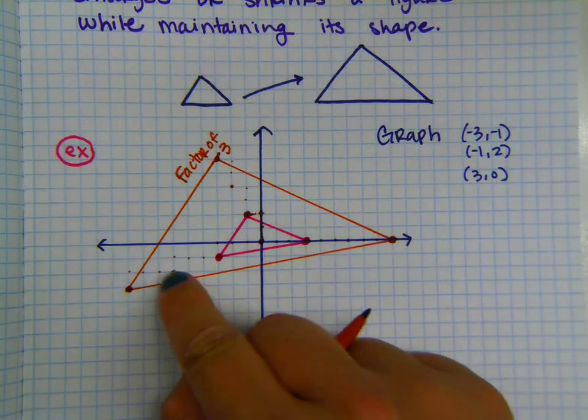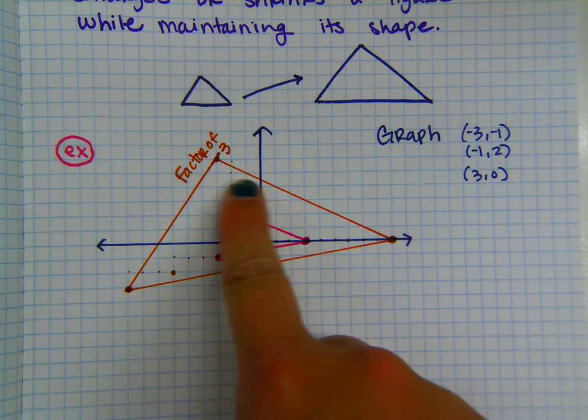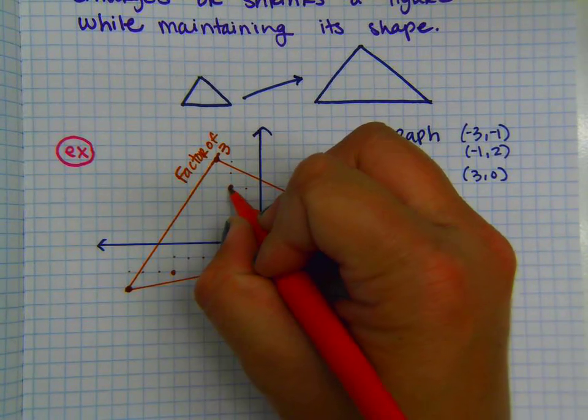The little dots that I put would be a factor of 2, because I went up 2 over 1 and then I did it again, so that's a factor of 2. So let's go ahead and put that triangle in, that factor of 2.